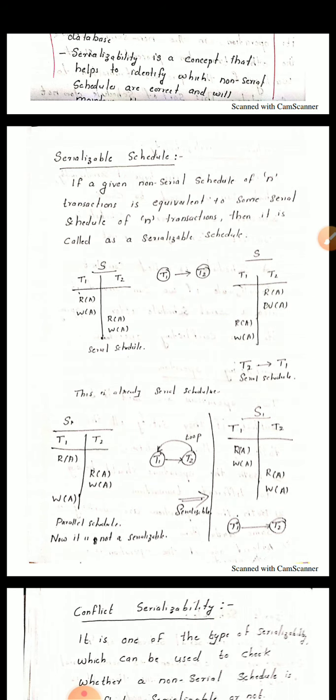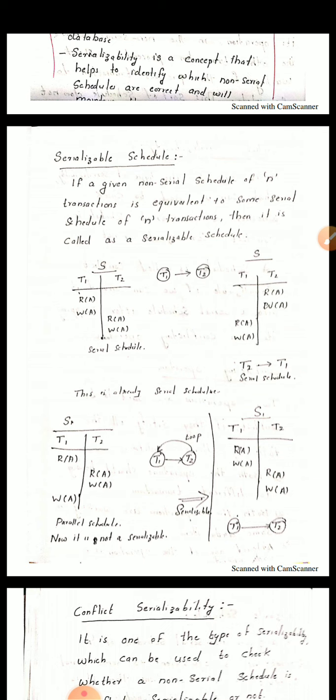Serializable schedule is used to maintain the consistency of the database, and it is mainly used with a non-serial schedule to verify whether the scheduling will lead to any inconsistency or not. On the other hand, a serial schedule does not need serializability because it is already serial, since it follows a transaction only when the previous transaction is complete.